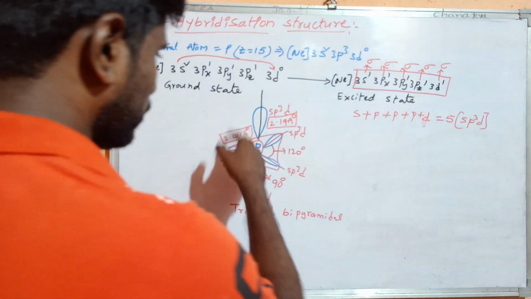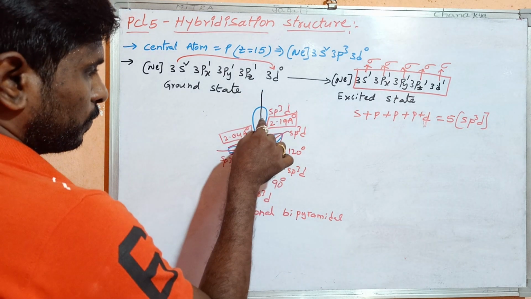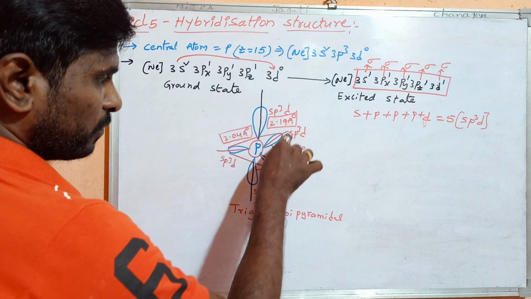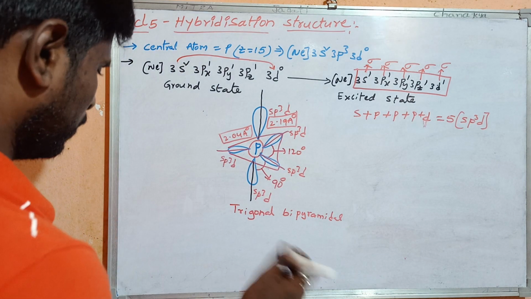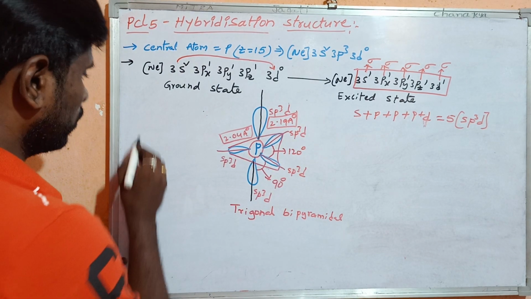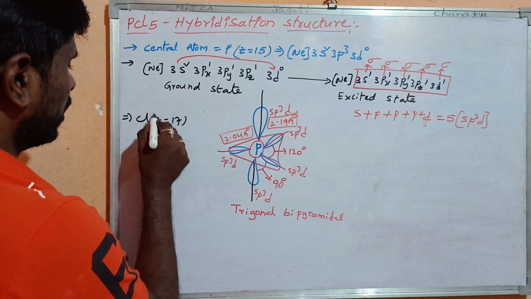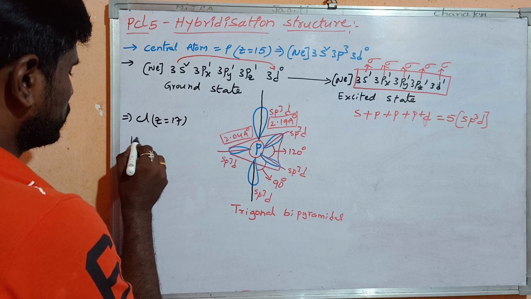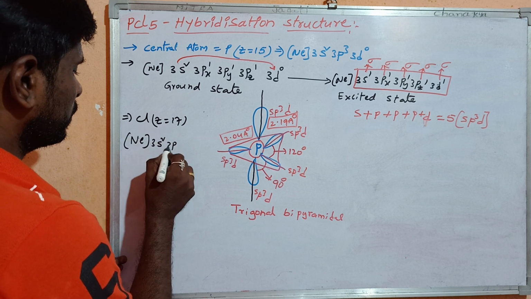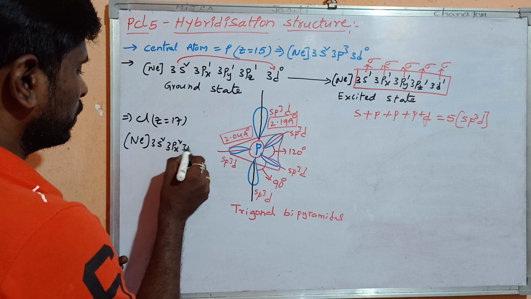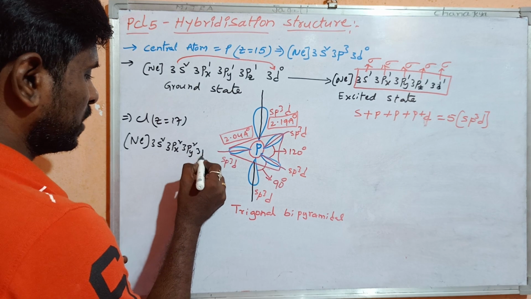In PCl5, with the 5 sp3d orbitals, we have bonds with chlorine. Chlorine's atomic number is 17, with the configuration 1s2 2s2 2p6 3s2 3px2 3py2 3pz1.